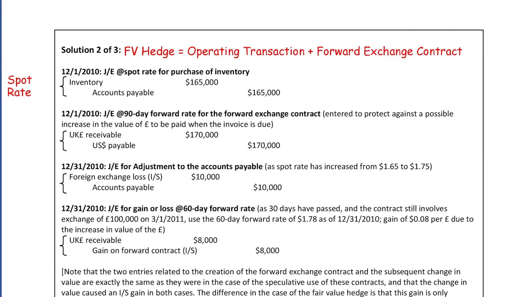But for the forward exchange contract on the same date, we're going to use forward rate. Then at year end, to understand the gain or loss on the operating transaction, we again are going to use spot rate. And we saw here that there is a loss, and for $10,000 write I/S, because this loss on the operating transaction goes into the income statement.